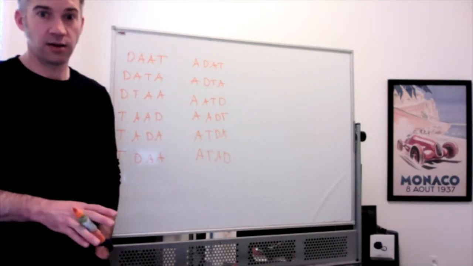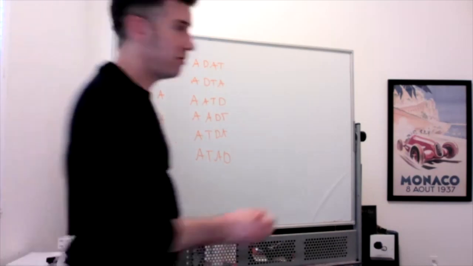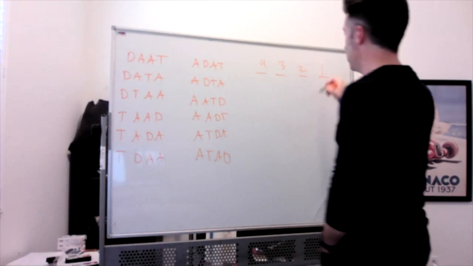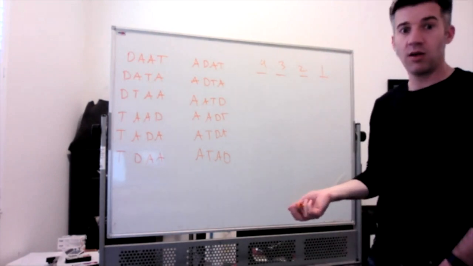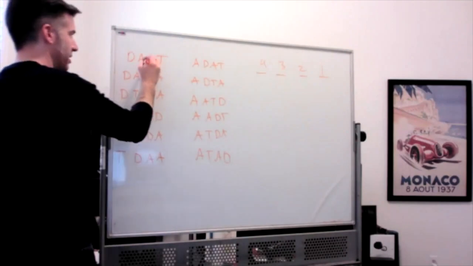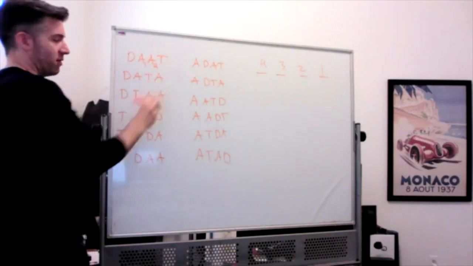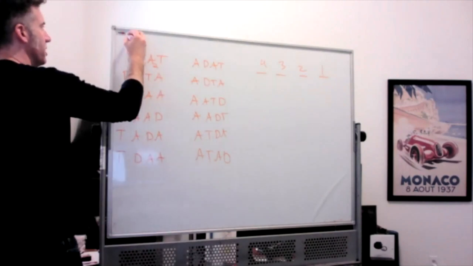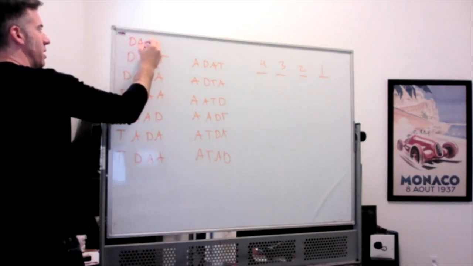Now here's the thing. If you said there were 4 factorial possible words, that'd be correct, because this DAAT would be different than this DAAT.